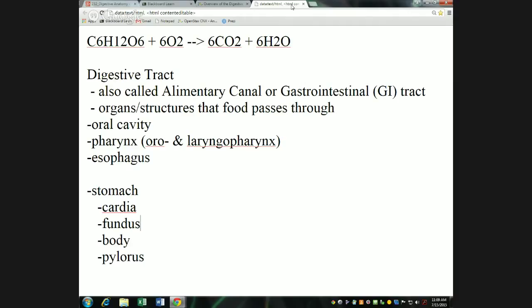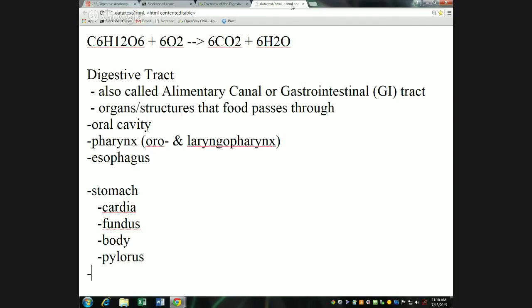There's a fundus of the uterus, which is the part of the uterus that arches up above where the fallopian tubes attach to it. Or there's a fundus of the eye, which is where the cornea bulges out from the normal spherical structure of the eye. So fundus is just a general term for that kind of shape, but part of the stomach is shaped that way, so it's called the fundus.